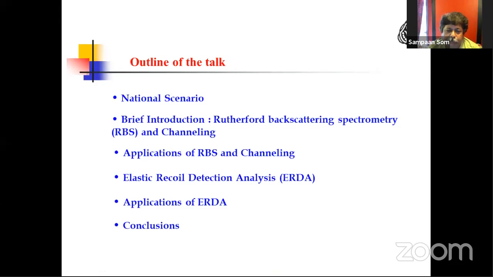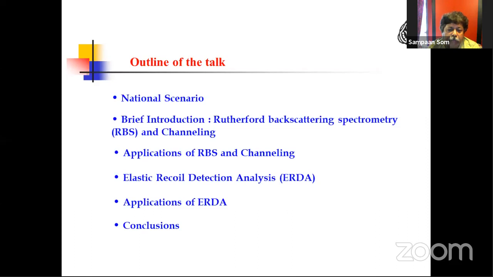In 1911, Lord Rutherford discovered this, and it has probably been taught to us from undergraduate days itself. Then a few applications of RBS, and then there is a very special format of the Rutherford backscattering spectrometry technique, known as the ion channeling technique, which is applicable only for analysis of single crystalline materials or epitaxial thin films.